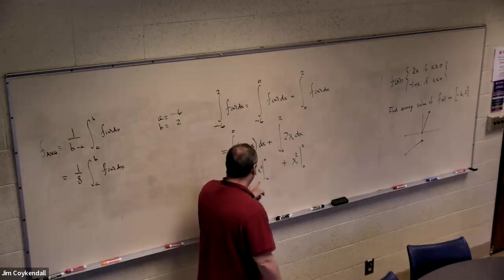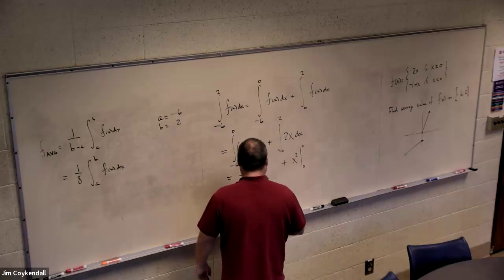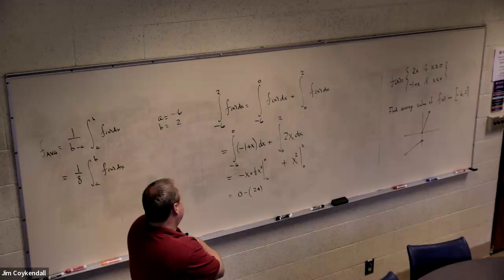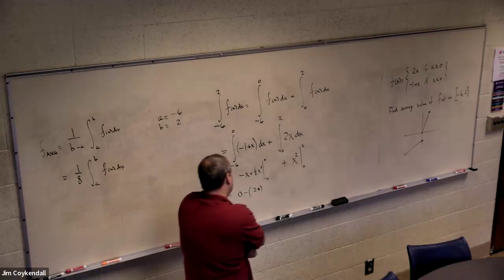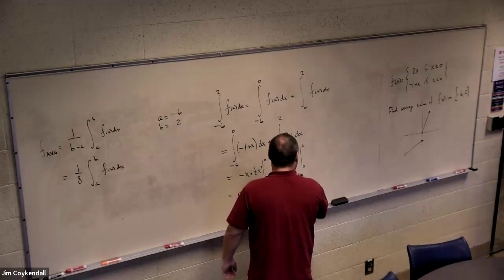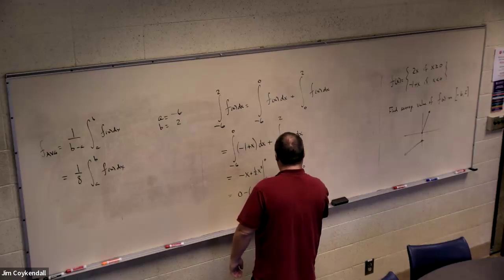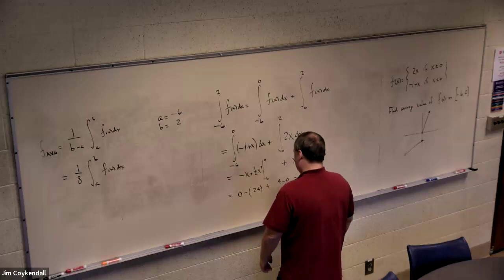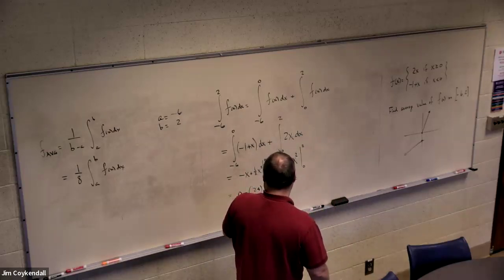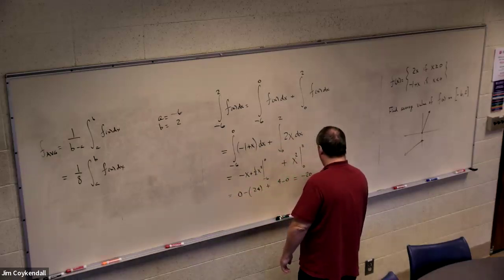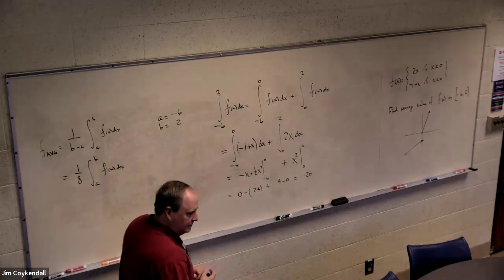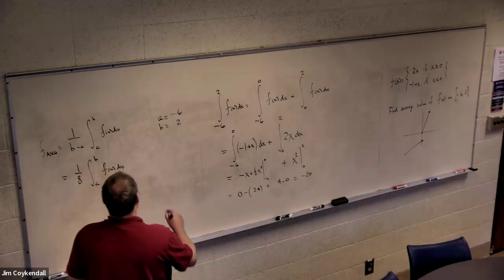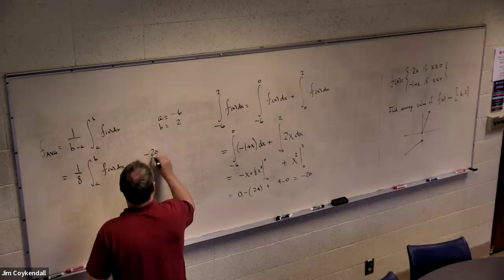And when I plug in minus 6, I get 6 and a half of 36, which is 18. Plus, working this out here, this is going to be 4 minus 0. So I get 4 minus 24, negative 20.